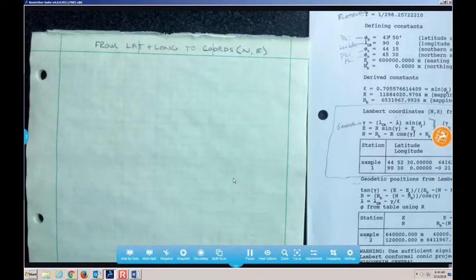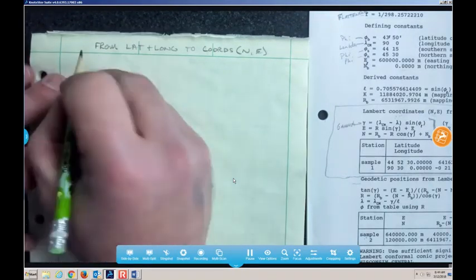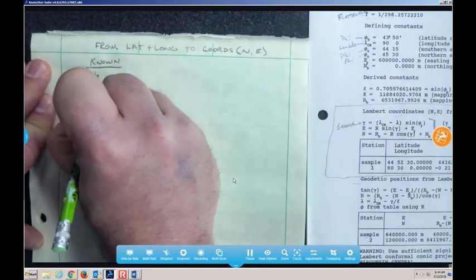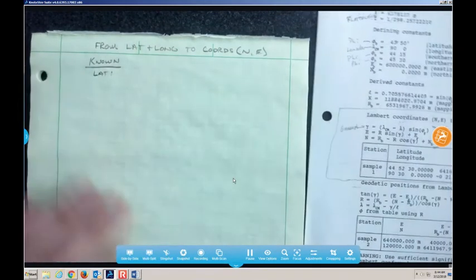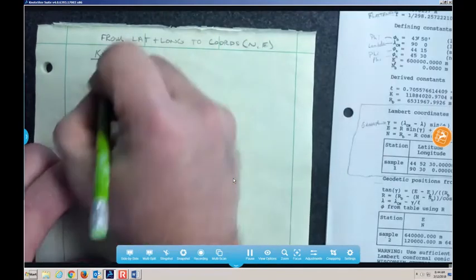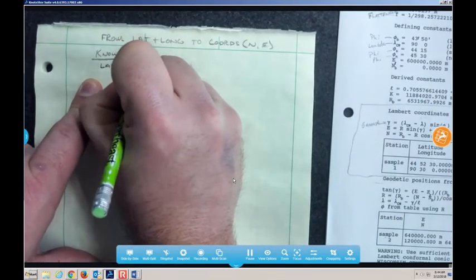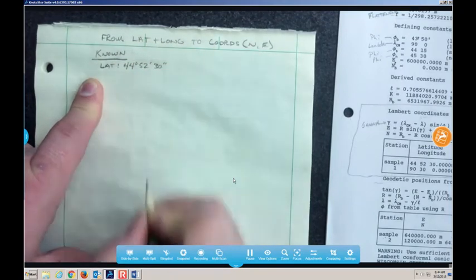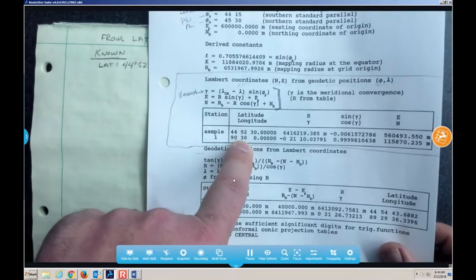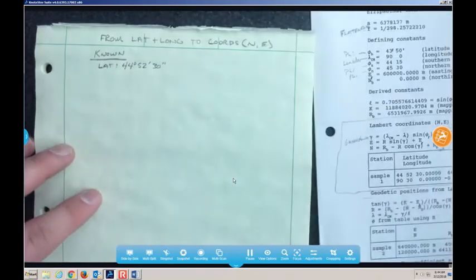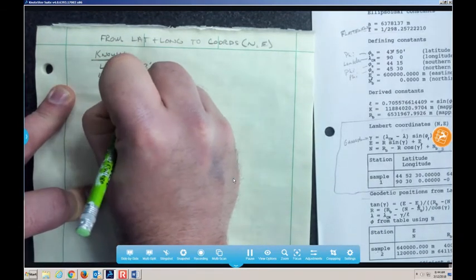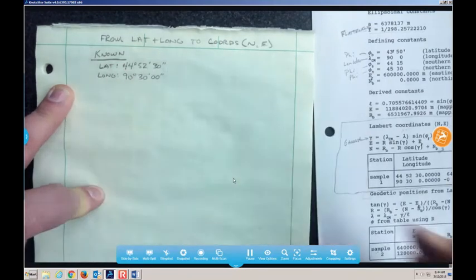So we know that our latitude is 44 degrees, 52 minutes, 30 seconds, and our longitude is 90 degrees, 30 minutes, 00 seconds. Okay, so that's what we know.